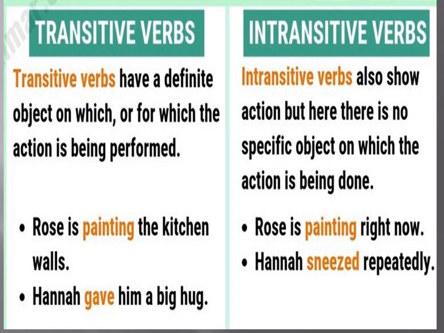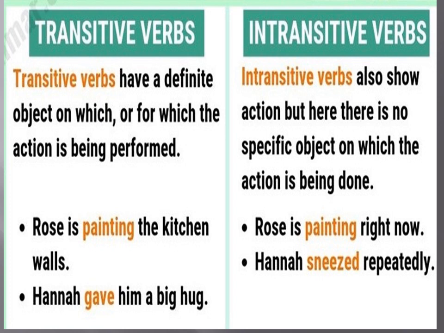Clear, children? I'll explain it once again. A transitive verb is a verb that requires, which means it needs, an object, which is either a noun or a pronoun, to receive the action.